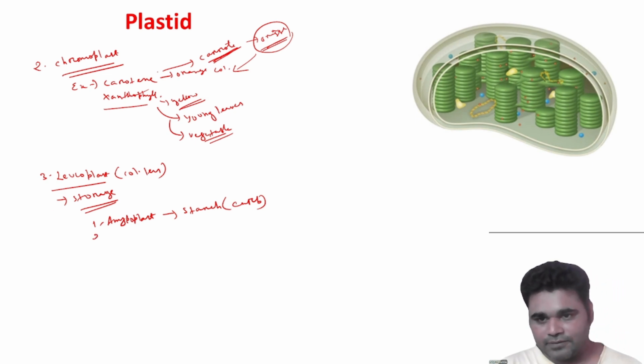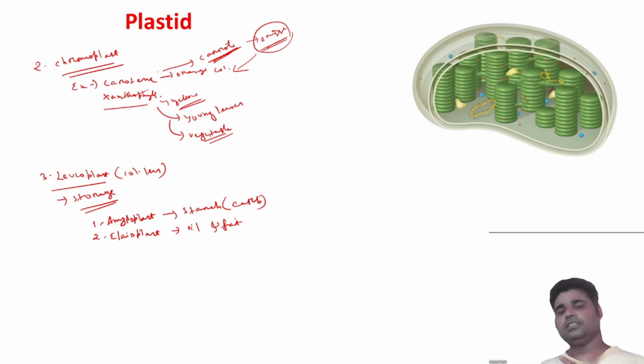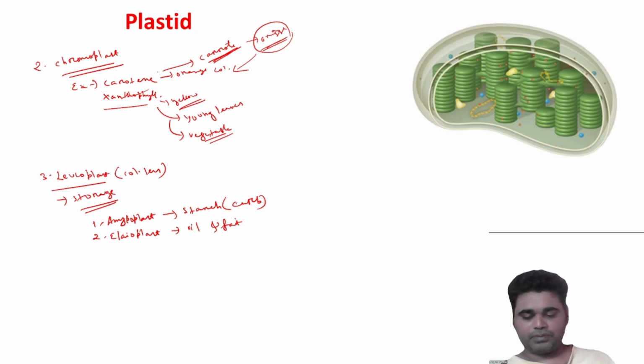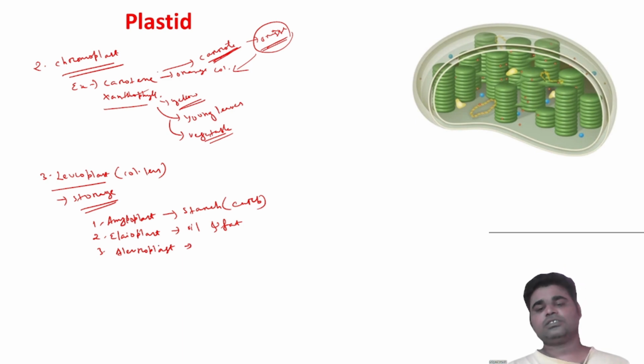Another is called the elaioplast. The elaioplast stores the oil and fat. And another is the aleuroplast, and it stores the protein.